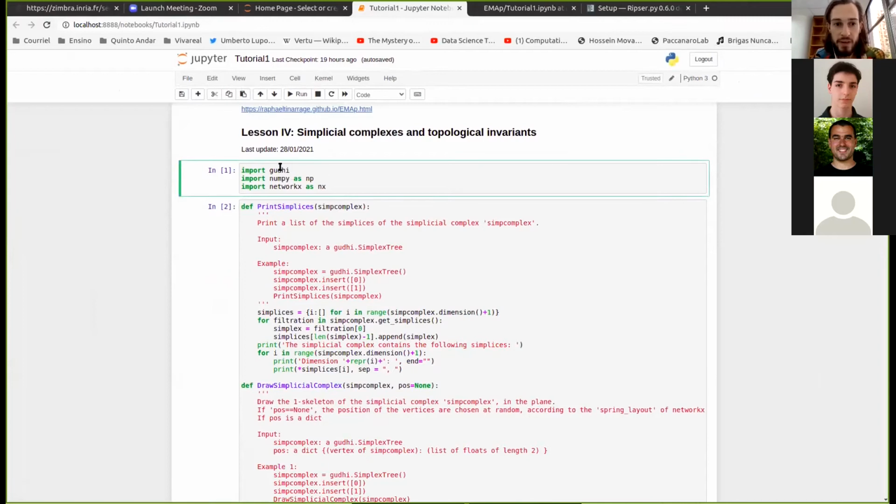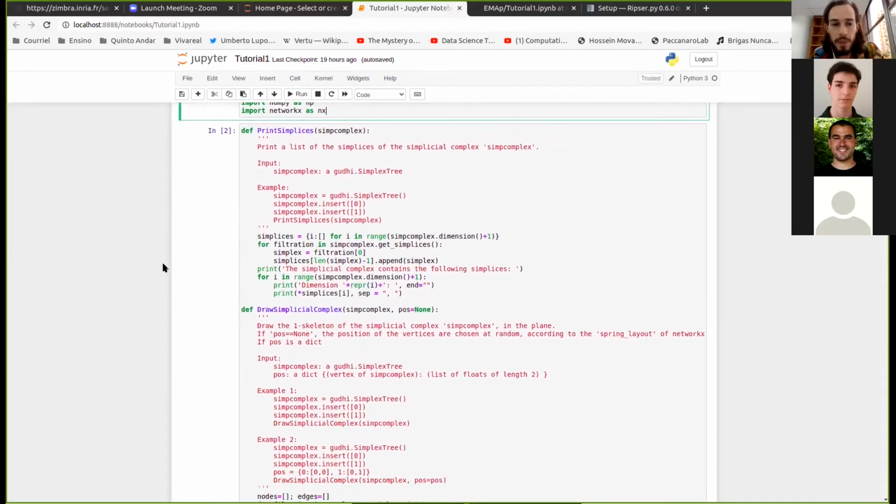So this is Gudhi. I use also NumPy, of course, because we will compute numeric values like distances between points and stuff. And NetworkX is not really mandatory. I simply use it to draw simplicial complexes, because in NetworkX, you can define graphs, and you have some very cool tools to plot graphs.